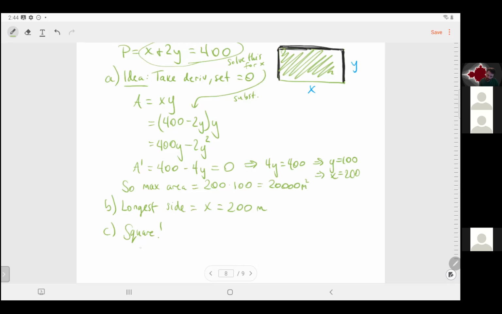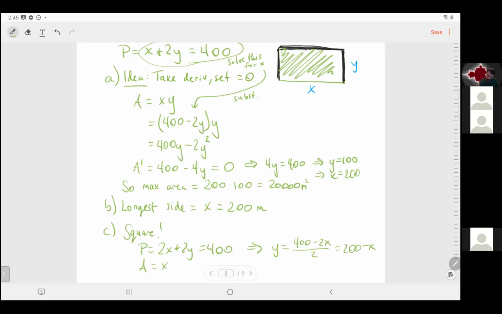Of saying, okay, now perimeter equals 2x plus 2y. And that's equal to 400 still, because we still have 400 feet of fencing. And then maybe solve for y again. So y is 400 minus 2x all divided by 2. So that's actually 200 minus x. And then we could solve again.